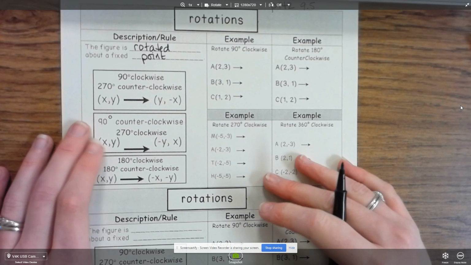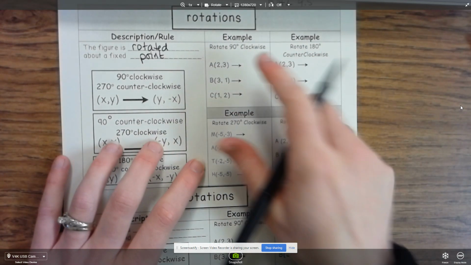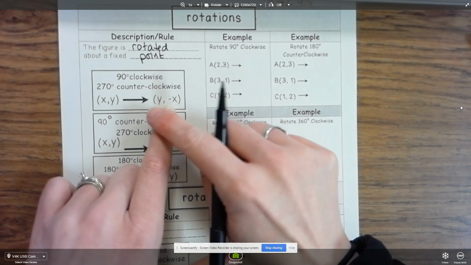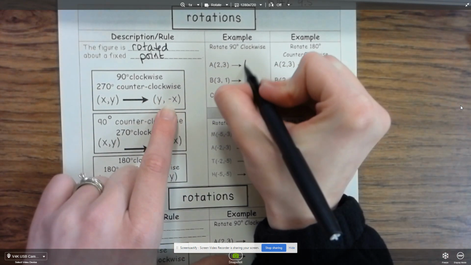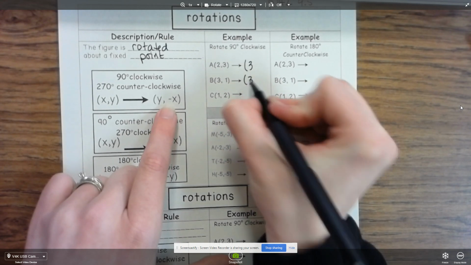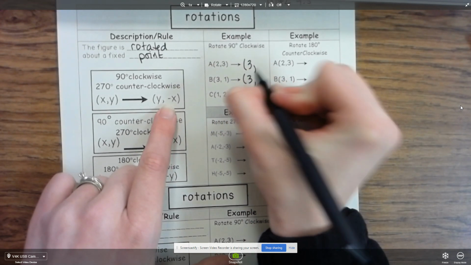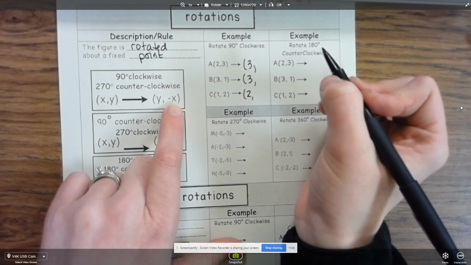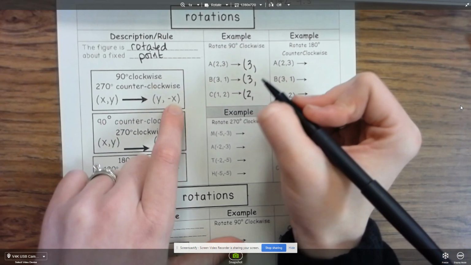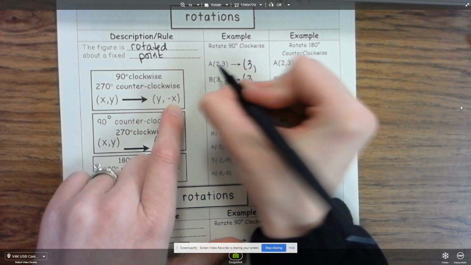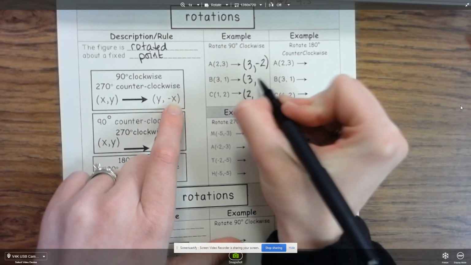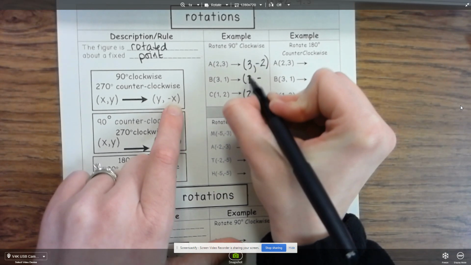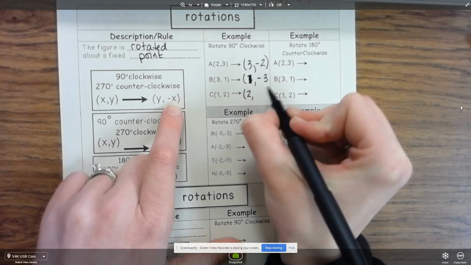And so for this one, all we're doing is we're just rewriting the points. So here we're doing 90-degree clockwise. That's this rule. So I'm taking the y's, and those now become my x's. And then I take the x and I turn it negative, or I change the sign. So if it's already negative, it's going to become positive, and those become my y's. So this would be -2. Oh, I went backwards here. This should be, sorry, a 1.